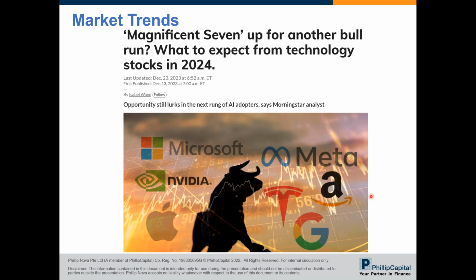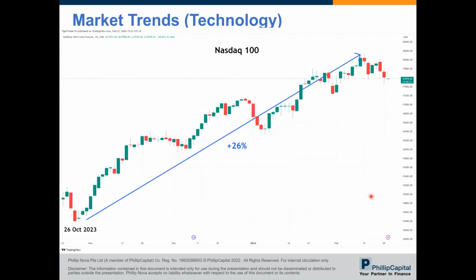So as an investor in Singapore, of course, we can always follow through and invest in the US stocks. But what if I also want to look out for Singapore stocks to invest in that may have a positive feedback from the movement that is happening in the West, right?